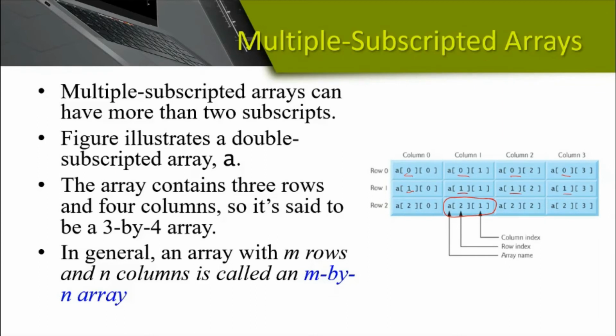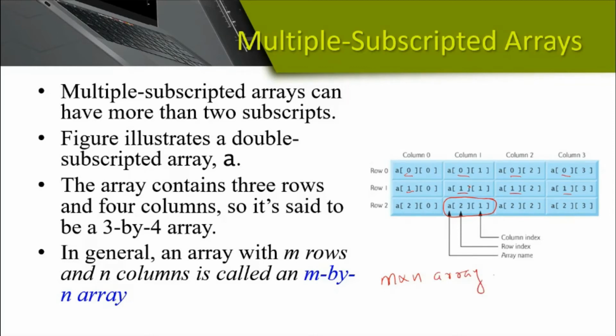So this is for double subscripted arrays, but the number of subscripts can be more than 2, no problem. Generally an array can be termed as an m by n array if there are m rows and n columns.